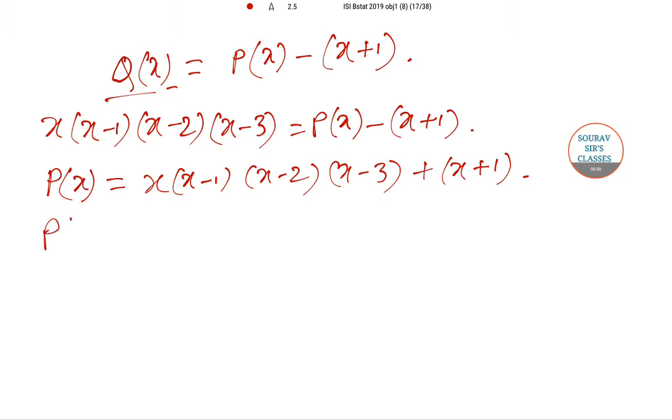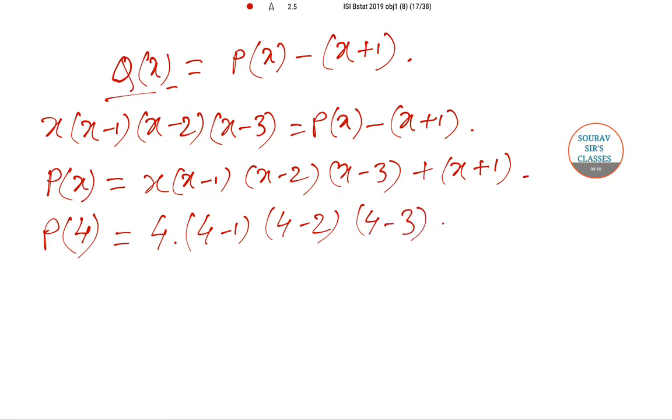So here we have to find out P(4). So P(4) equal to 4 into 4 minus 1 into 4 minus 2 into 4 minus 3 plus 4 plus 1. Now it is 4 into 3 into 2 into 1 plus 5.